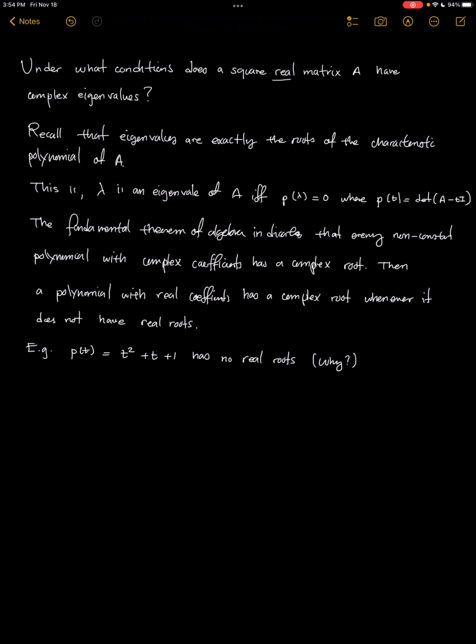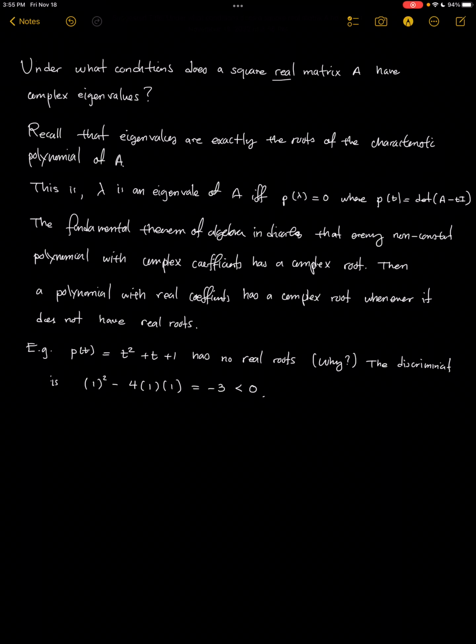Well, look, its discriminant, the one that we find inside the square root sign of the quadratic formula, is the following: 1 squared, the linear coefficient, minus 4 times the quadratic coefficient times the constant, is equal to negative 3, which is less than 0. So the discriminant is negative, meaning that it has no real roots.